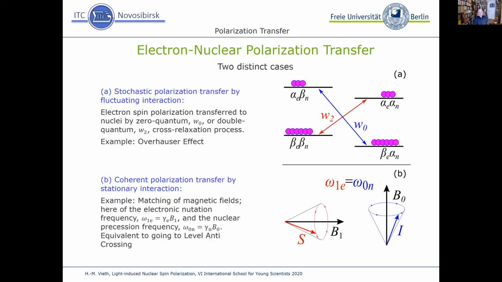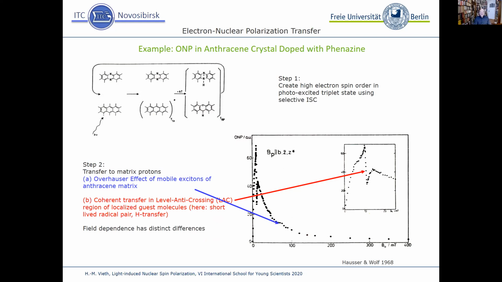So the nutation frequency of the electrons is matched with the precession frequency of the nuclei. And this matching can equivalently be described by so-called level anti-crossings. And that's shown here in an example.